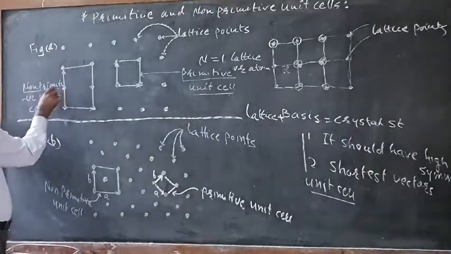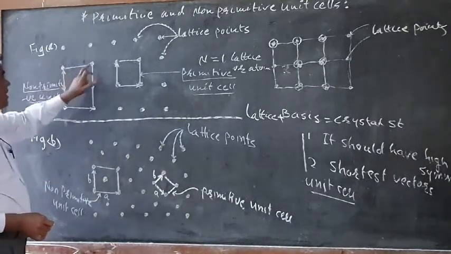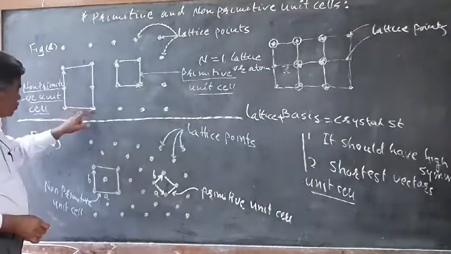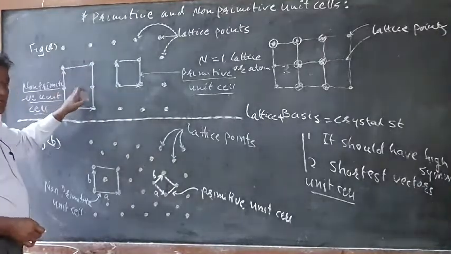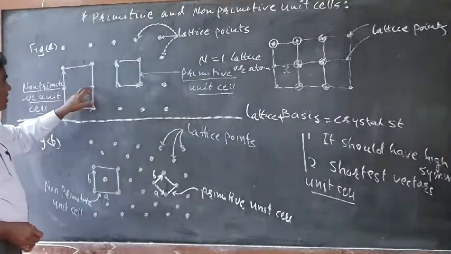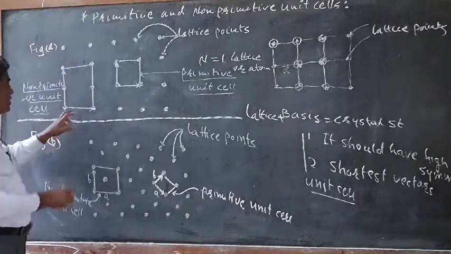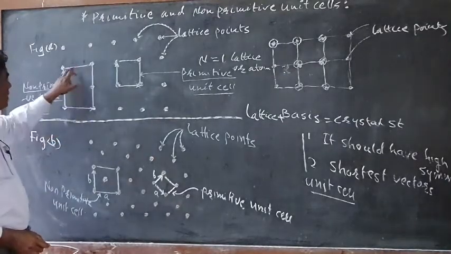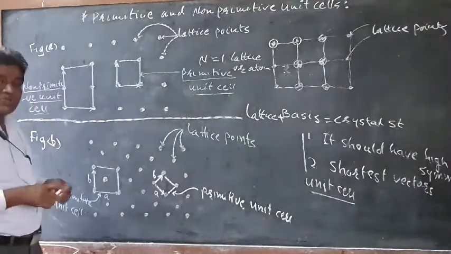Non-primitive unit cells are shown in figures A and B here. Here the corners are occupied by atoms. In addition to the corner atoms, there are extra lattice points or atoms located exactly at the center of the faces of the unit cell, or they may be at the bases. If the extra atoms are located at the bases of the unit cell, then also it is allowed. Then it is called a non-primitive unit cell.